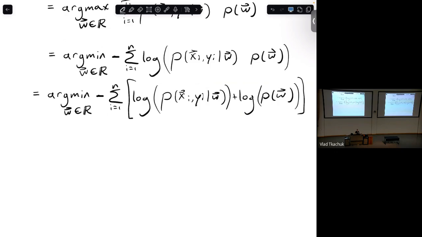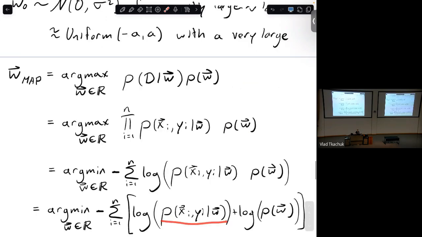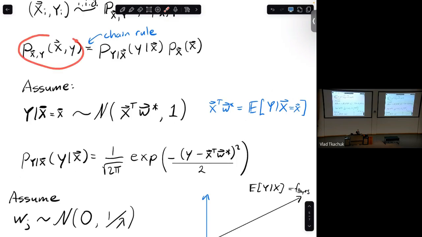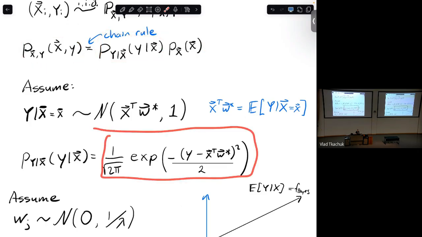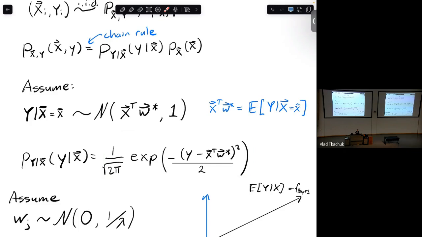You might remember in maximum likelihood, we encountered the same quantity, the log of this thing. Then we used the chain rule and expanded it like this. Then we plugged in this quantity as the normal distribution's PDF, expanded the log into all this, and did all this simplification.